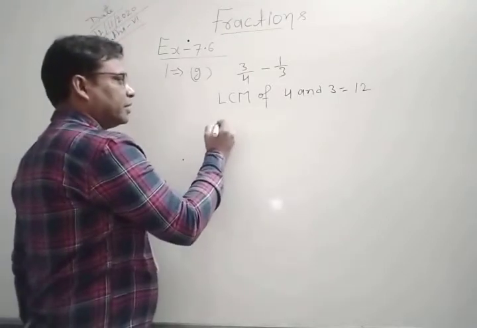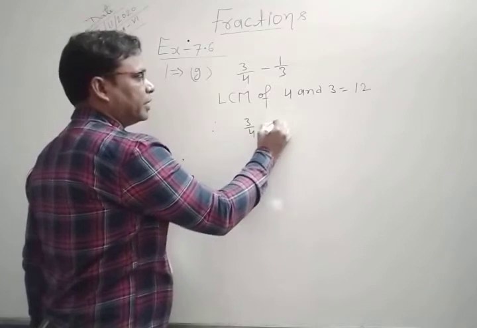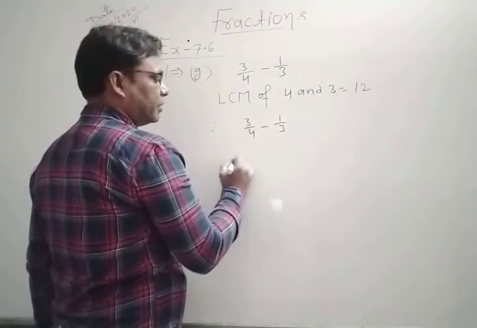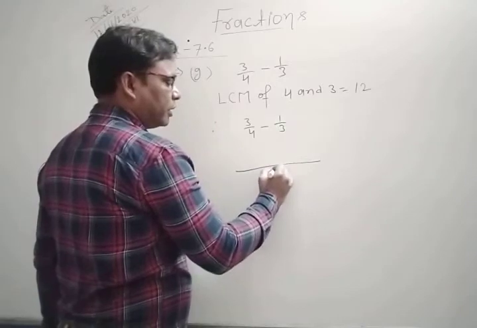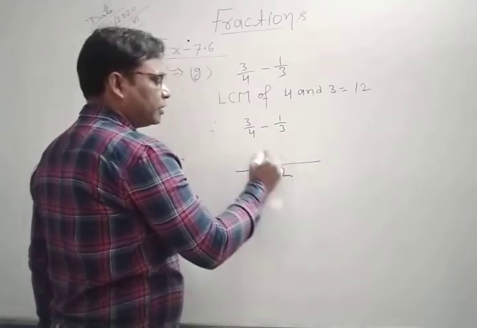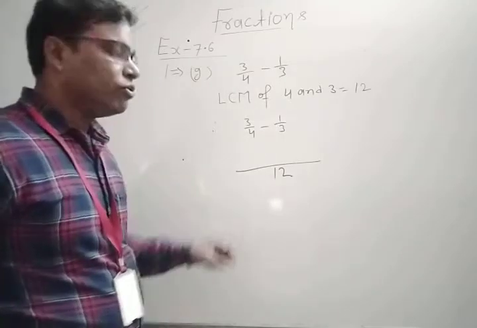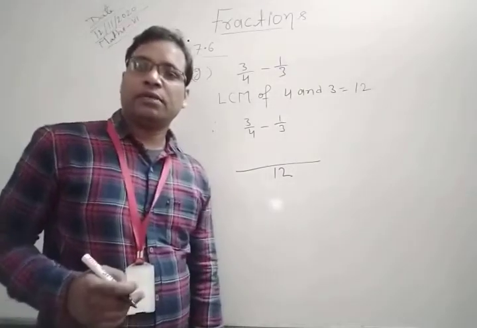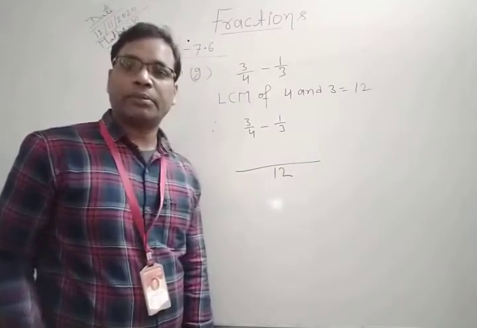Therefore, 3 by 4 minus 1 by 3. The LCM of 3 and 4 is 12. When you divide 12 by the denominator 4, you obtain 3.